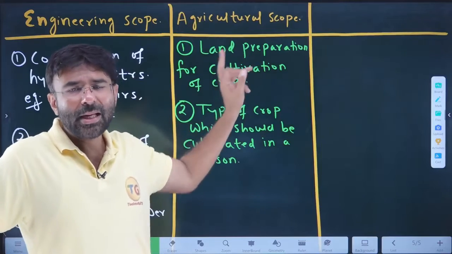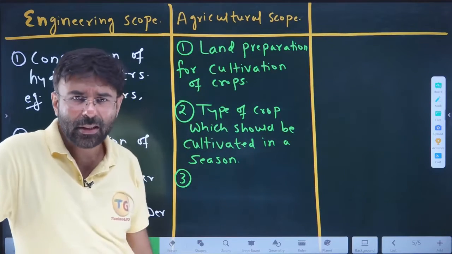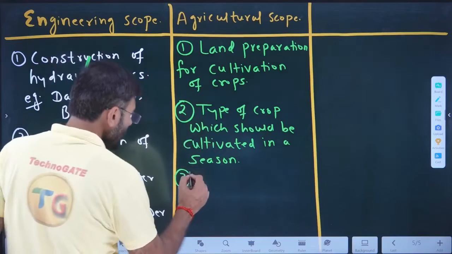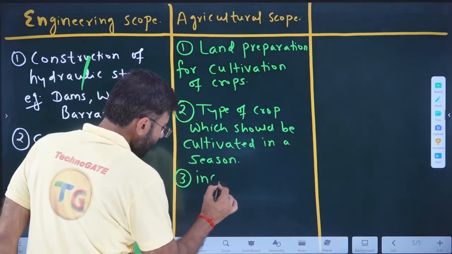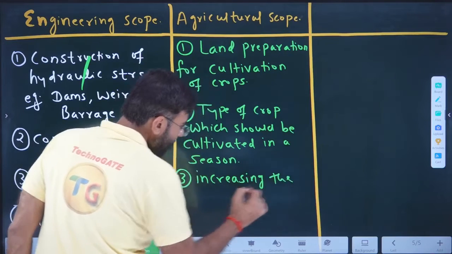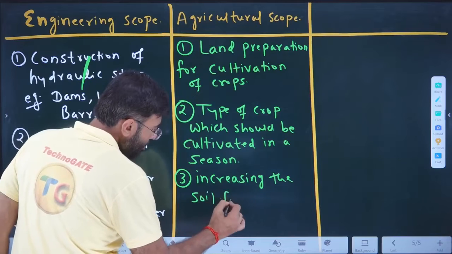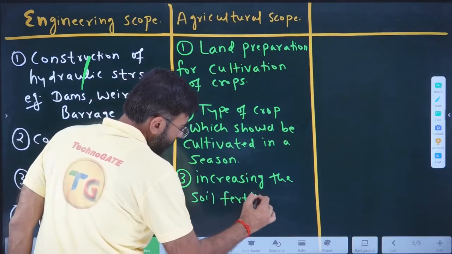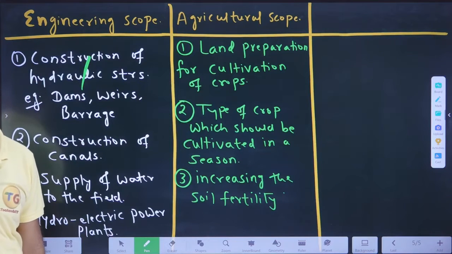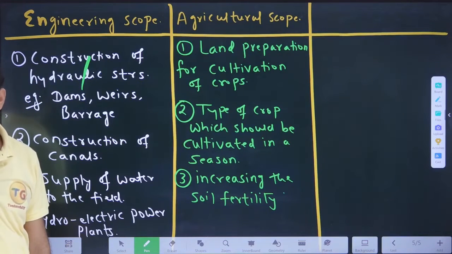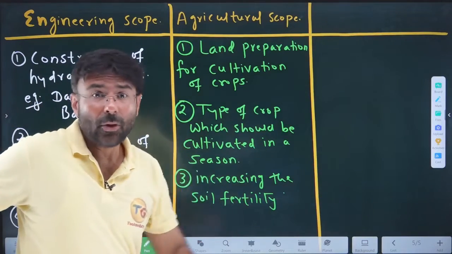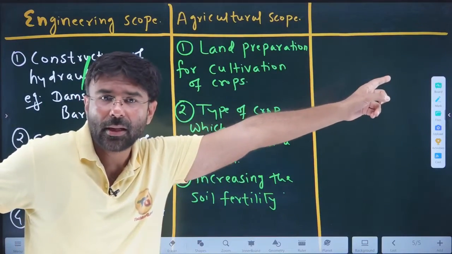Correct? So from the agricultural scope, what will be the third significance? It will be how to increase the soil fertility. Increasing the fertility. I have to increase the fertility of the soil. I have to understand the type of soil, not the type of soil according to the civil engineer.